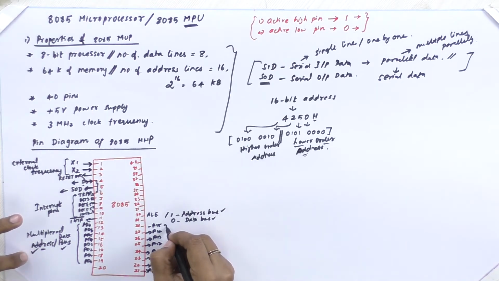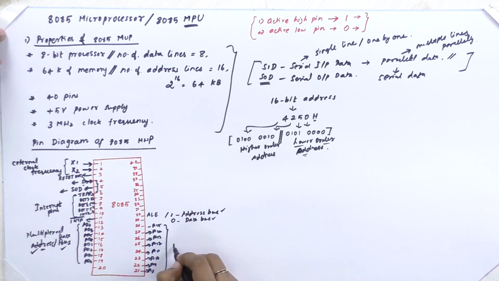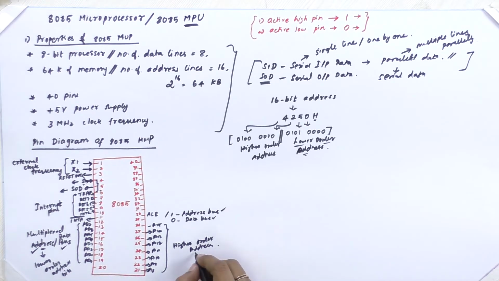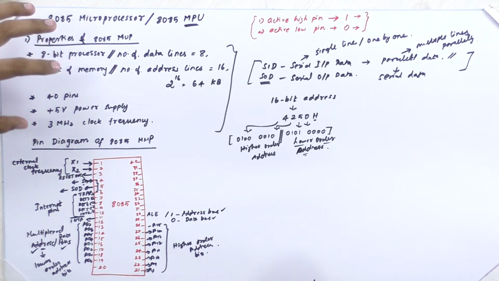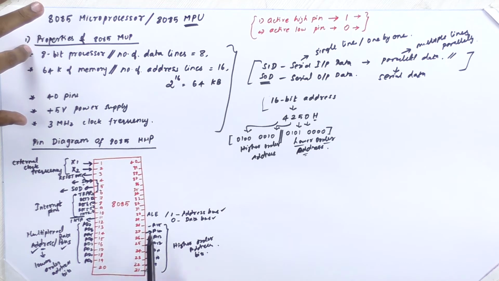So these 8 pins are used to carry the higher order address, and the multiplexed pins are used to carry the lower order address bits. So this is the concept of carrying the 16-bit address using these pins.